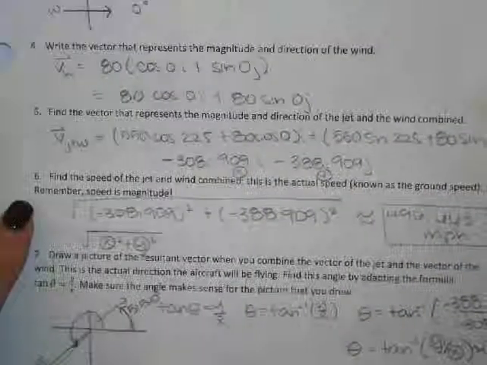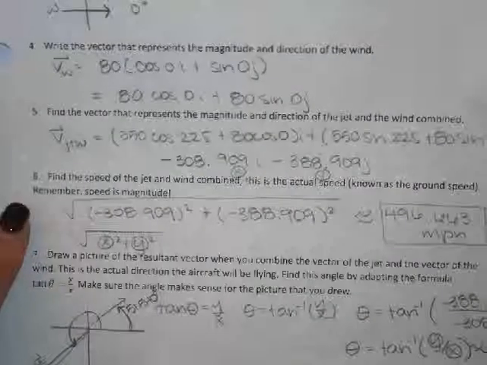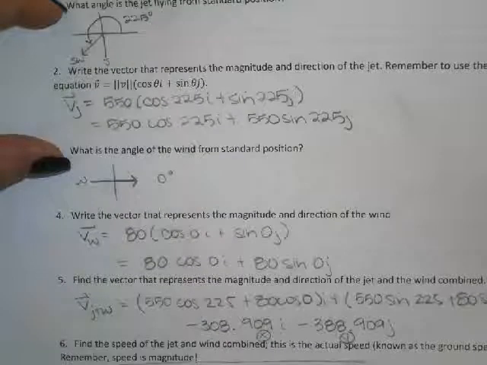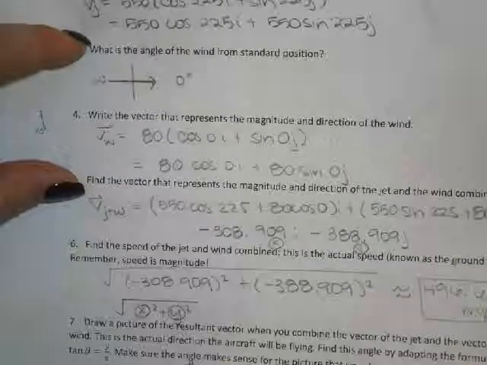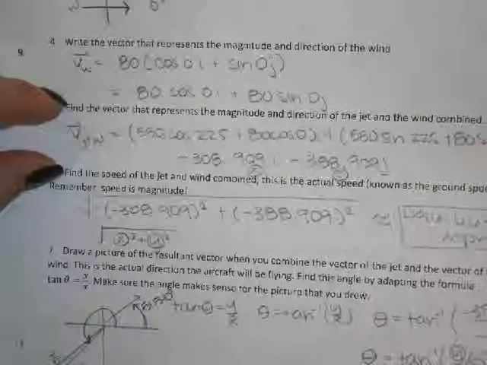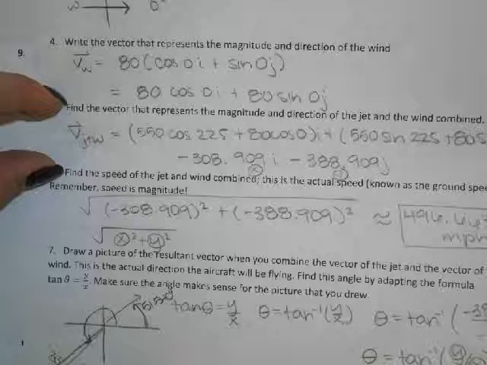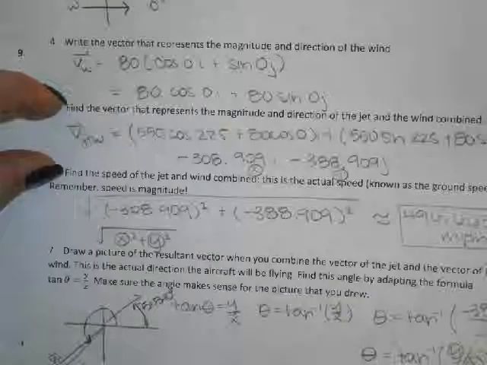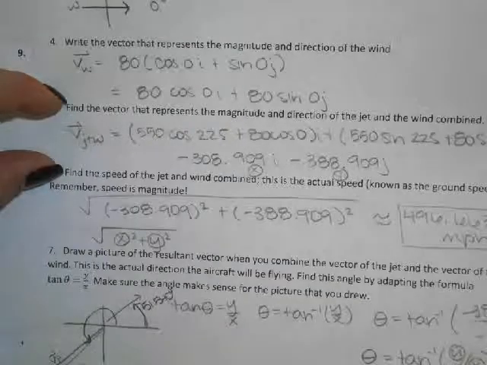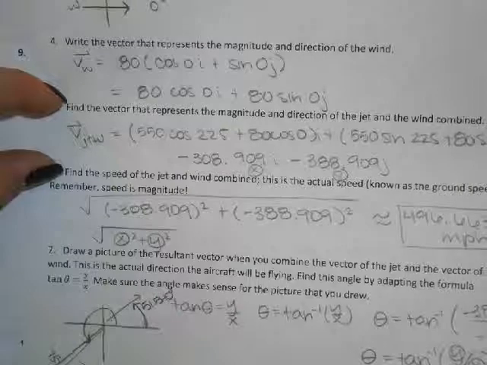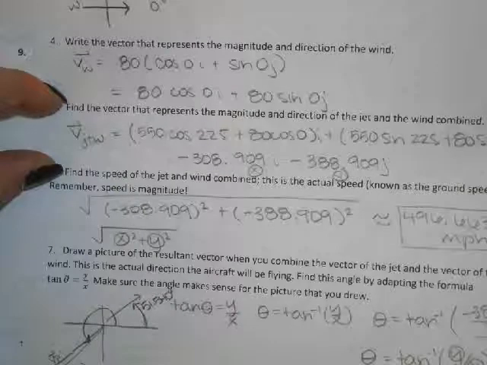What did we do next on our notes? We found the vector of the plane, the vector of the wind, and then what did we do with those vectors? We added them together because we wanted to find the resultant, which is the result.